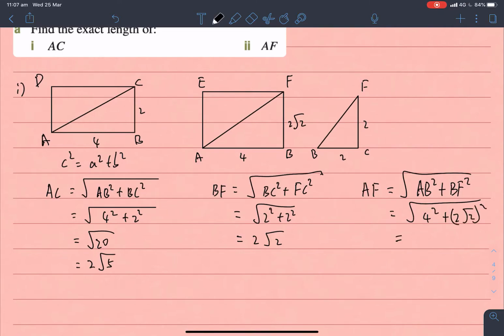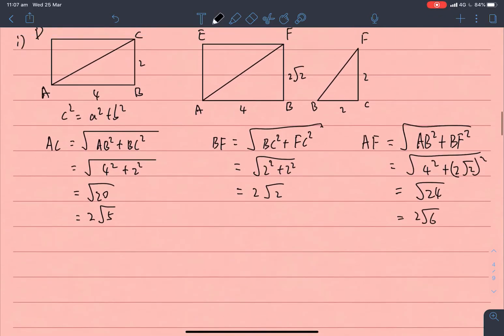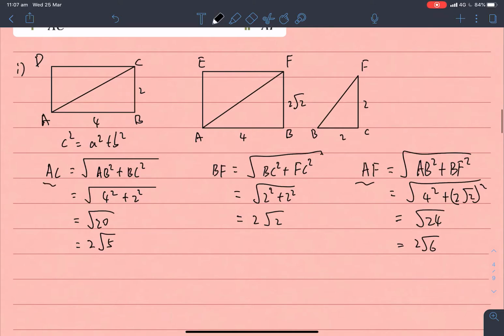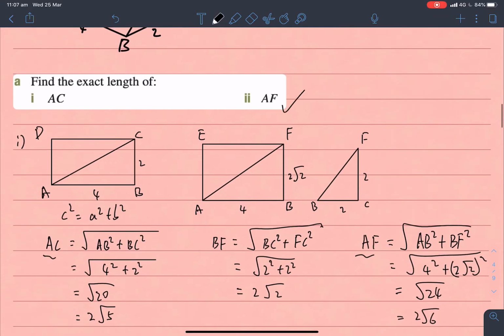So that is 8 plus 16, that is 24. Square root of 24, which is 2 square root of 6. Okay, so you find the first part, so part A is done.